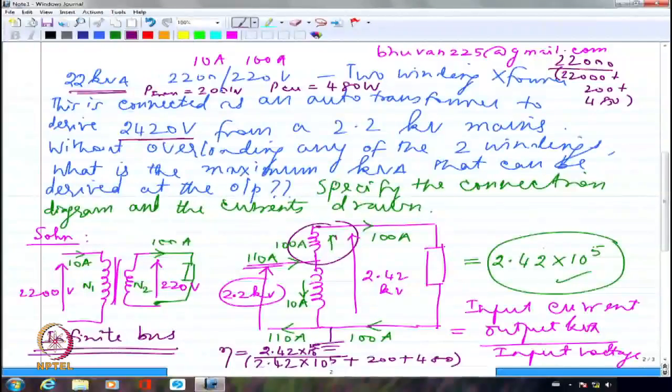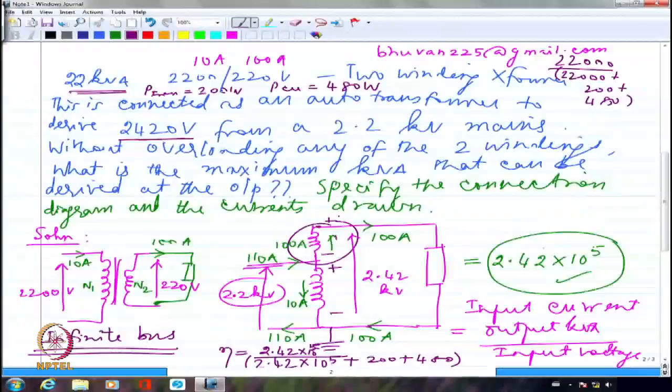Or, if you don't have the tap, we had this minus, this plus, this minus, this plus. So they are all in series addition. It's all AC, I'm talking about this instant, instantaneously.